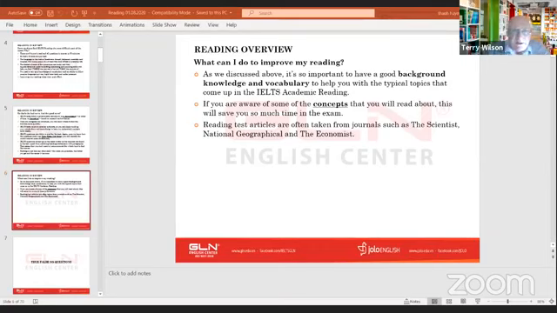Reading test articles are often taken from journals, such as The Scientist, National Geographic, and The Economist. I'm not sure about The Scientist and The Economist, but National Geographic, it's quite easy to get hold of articles from there on the internet.